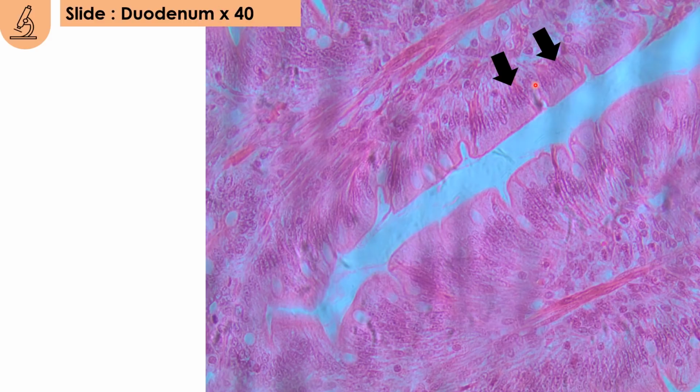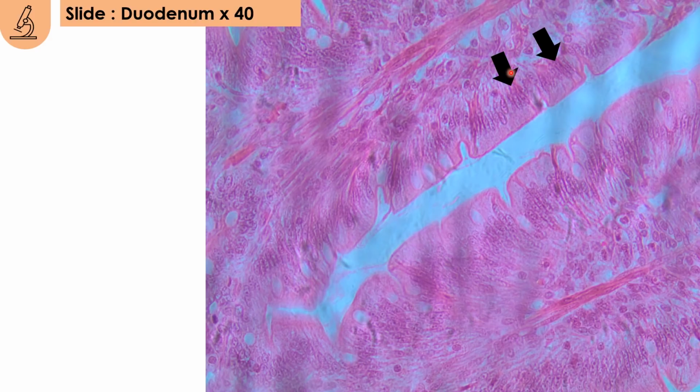Here you can see this is one villus, another villus, so two villi here. This villi is composed of epithelium, and beneath it, of course, the lamina propria.